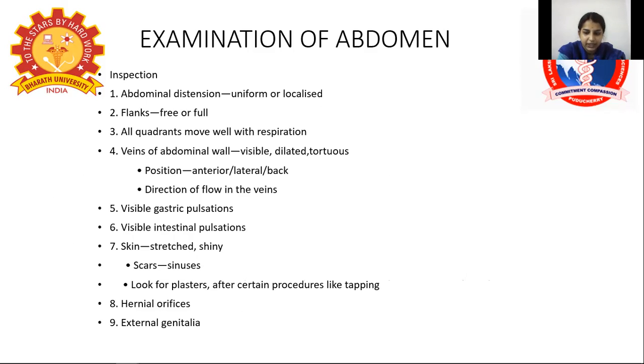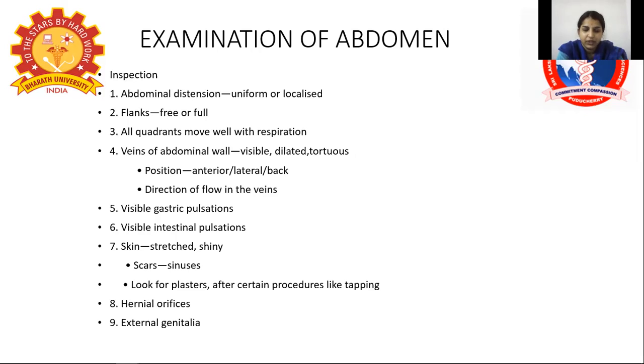We should take a detailed history along with this, like the past history, whether the child previously also had any episodes of loose stools, or if the child has had any other illnesses associated with diarrhea, like frequent episodes of URI, LRI, or if the child recently had measles or any other viral infection.